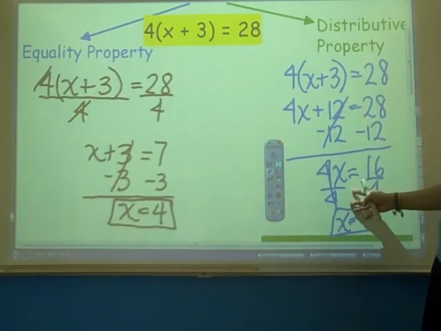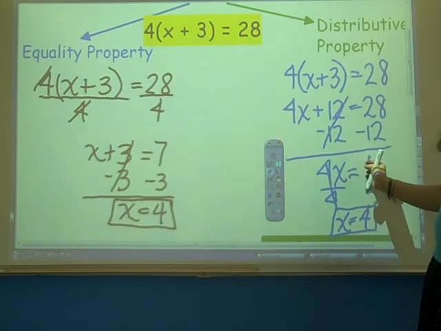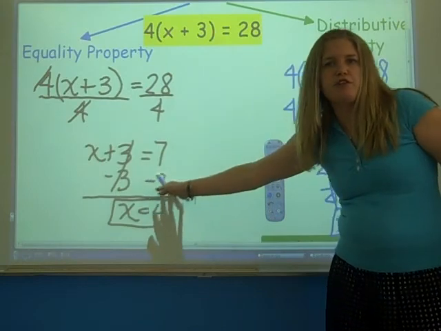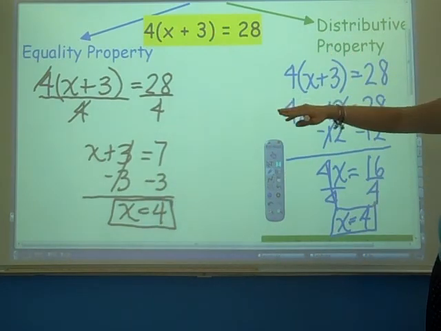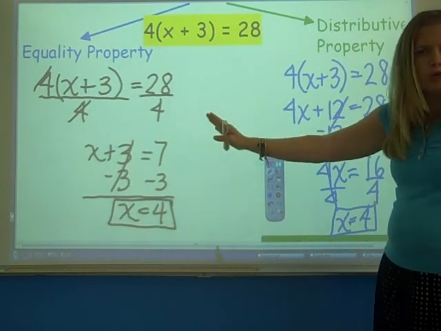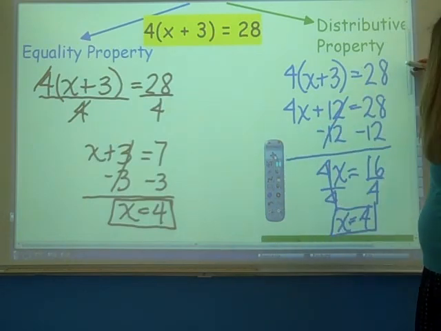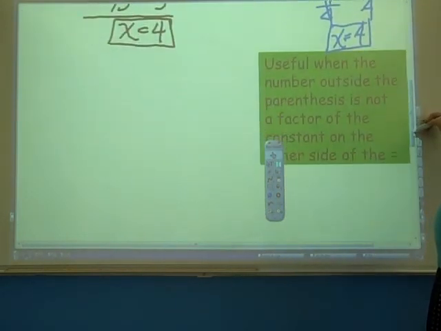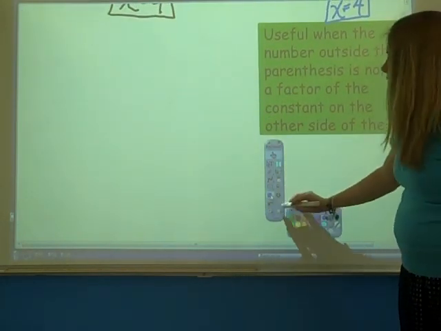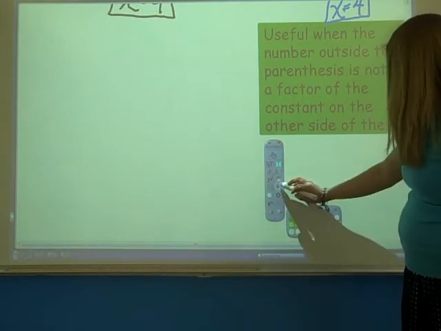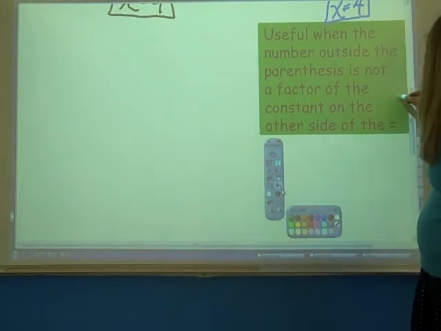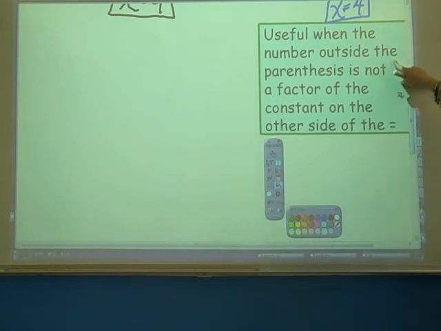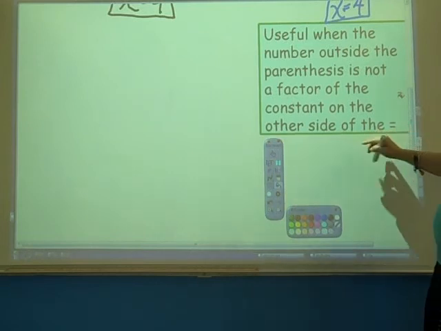This had a lot more steps to it, but sometimes this way is beneficial, sometimes the other way is beneficial. To determine which method to use, I wrote it down here. The equality property is useful when the number outside the parentheses is a factor of the constant on the other side of the equal sign.